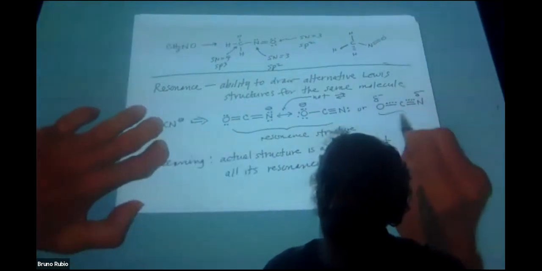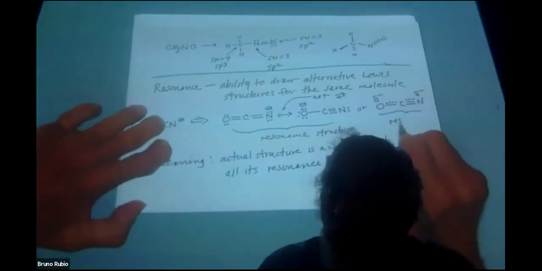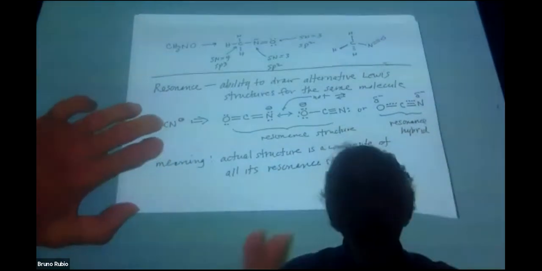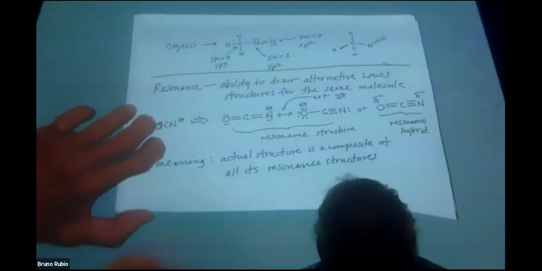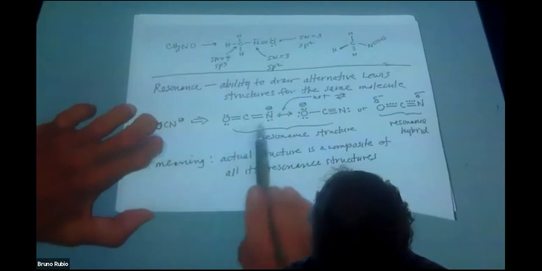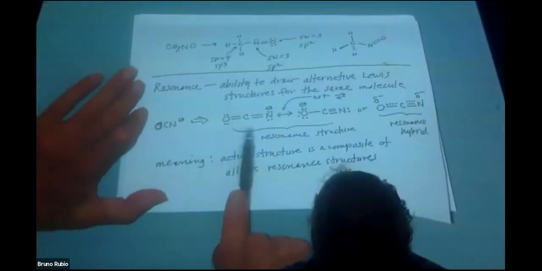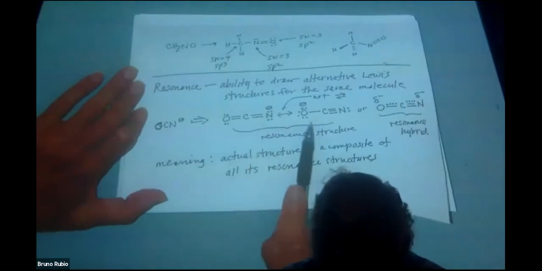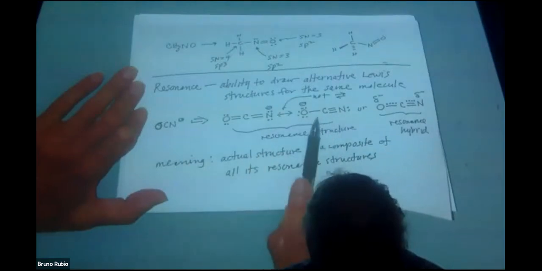This thing here, this is called the resonance hybrid. And it is, or it purports to be, the actual structure of the molecule. So OCN minus never looks like this. OCN minus never looks like this.